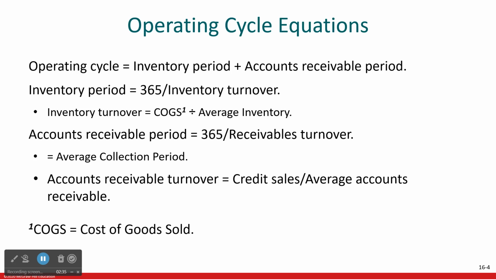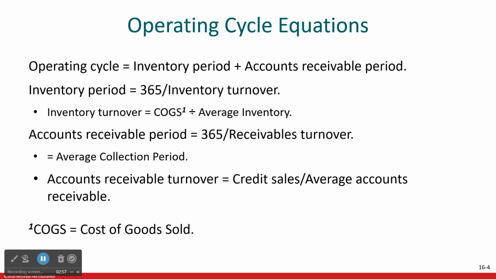So in calculating them, we see here that for the inventory period, we first identify our inventory turnover and then take 365 and divide by that number. So for instance, if our inventory turnover happened to be 12, if we take 365 and divide by 12, we would have 30 point something days.